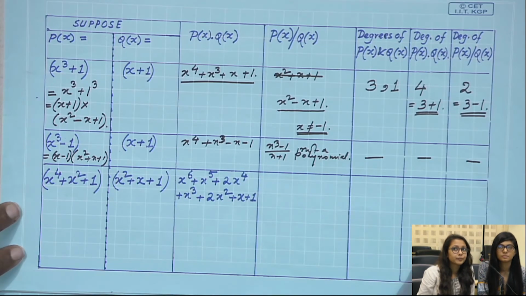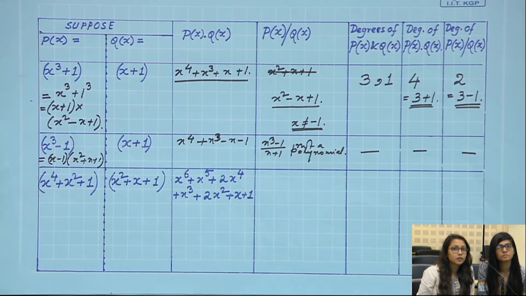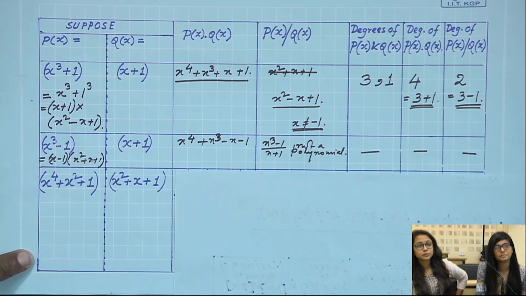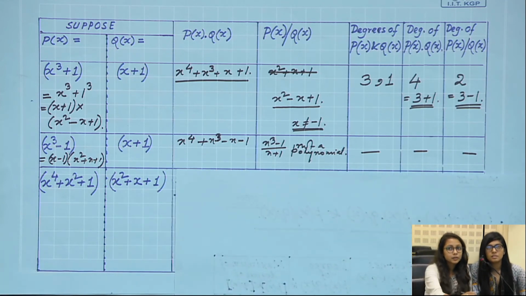And for the last one, we are getting x to the power 4 plus x square plus 1 as Px and x square plus x plus 1 as Qx. Now, tell me the product, x to the power 4 plus x square plus 1 into x square plus x plus 1.